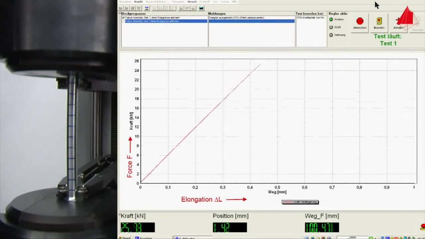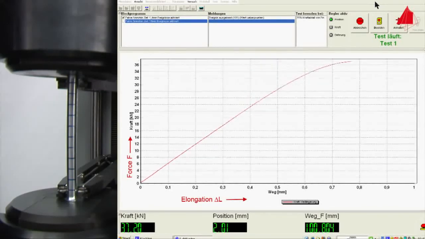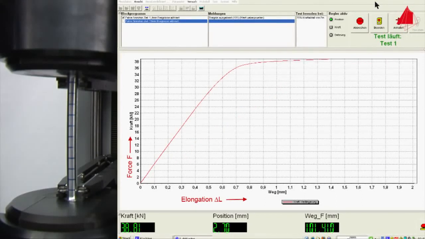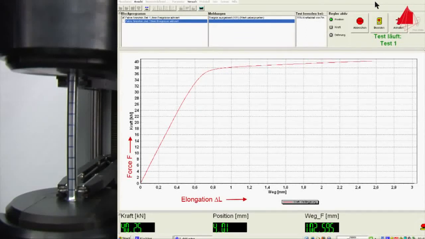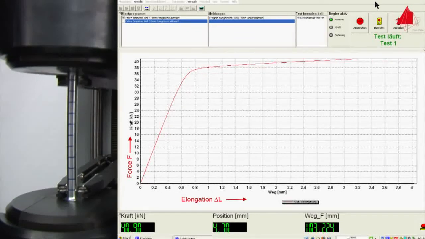But this time, the end of the elastic area is not revealed by a sudden drop of force or any distinct change. There is a smooth and gradual transition from linear elastic behavior to plastic deformation.